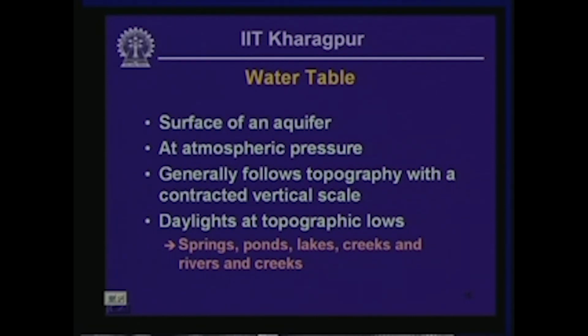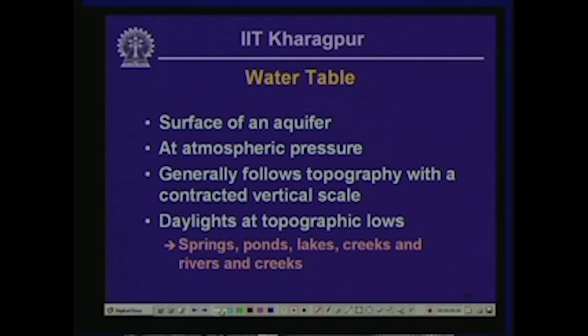Because of that, it is going to get exposed to the ground surface at isolated locations. So these locations typically lead to the formation of springs, ponds, lakes, creeks, and rivers.